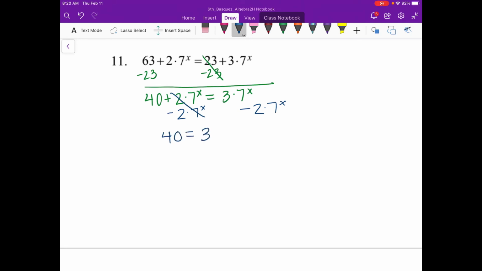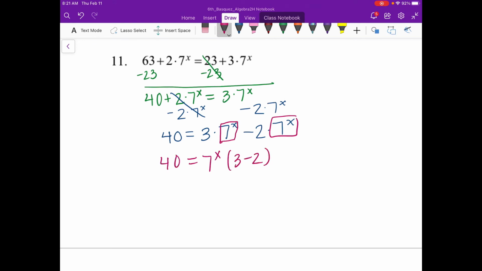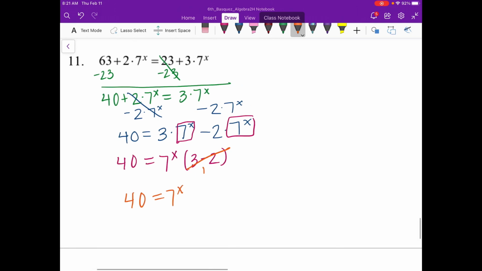So 40 is the only thing on the left, and now I have 3 times 7 to the x minus 2 times 7 to the x. Then I'm going to factor out this common term that these two terms have in common. So 7 to the x times 3 minus 2, and then 40 on the left. Again, this 3 minus 2 just becomes a 1. So really I just have 7 to the x equals 40.